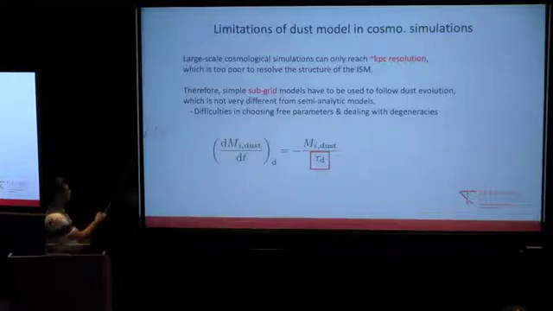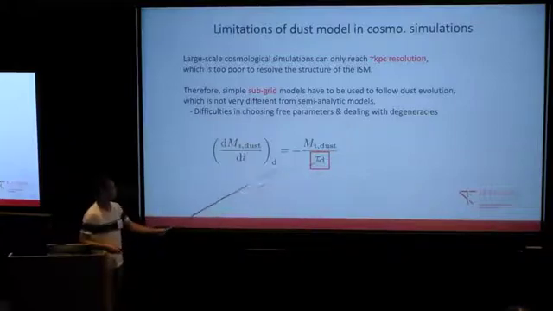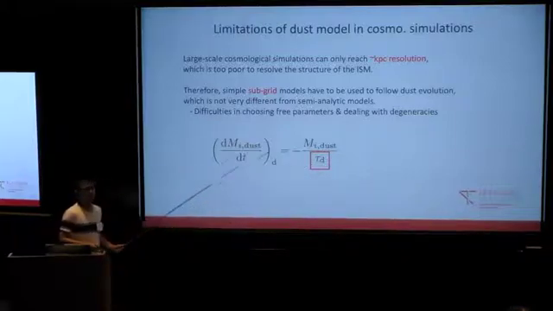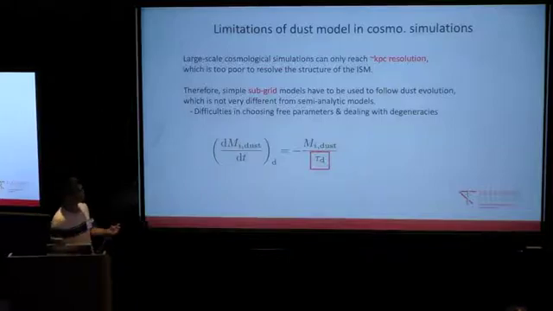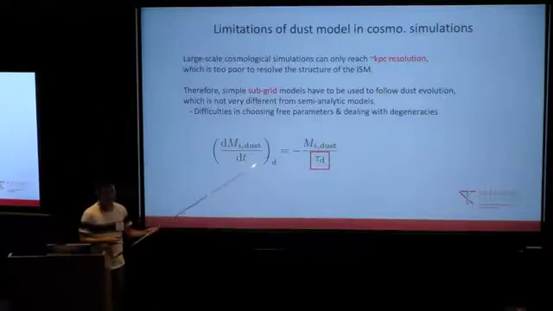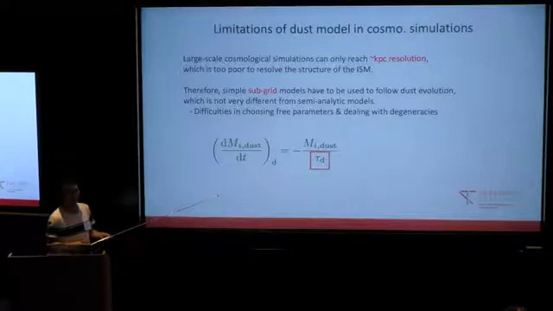For example, if you have dust destruction in the simulations, what you typically do is have this free parameter of the destruction timescale that you motivate by analytic calculations. But there's no good reason to believe that this is a universal value, that one particular timescale can suit all different galaxy populations.